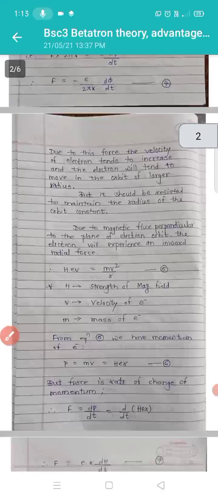Now the next part. Due to this force, the velocity of the electron tends to increase and the electron will tend to move in an orbit of larger radius. But this must be resisted to maintain the radius of the orbit constant.